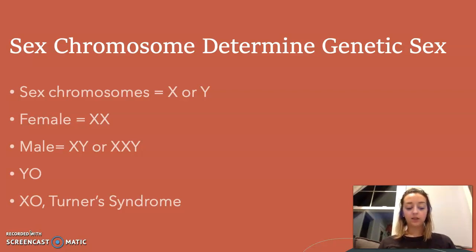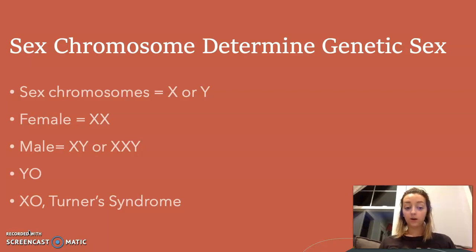Each egg cell in the female has an X, and the sperm cells consist of either an X or a Y. When two X's join together, the sex of the embryo will become female. If an X and a Y join together, the sex of the embryo will become male. This determines what the external and internal genitalia will develop into in the embryo.